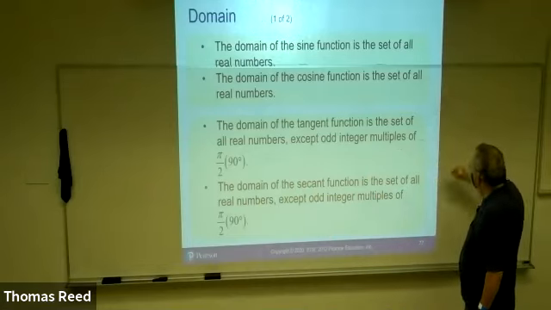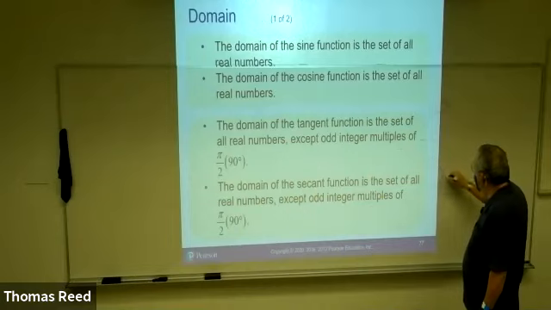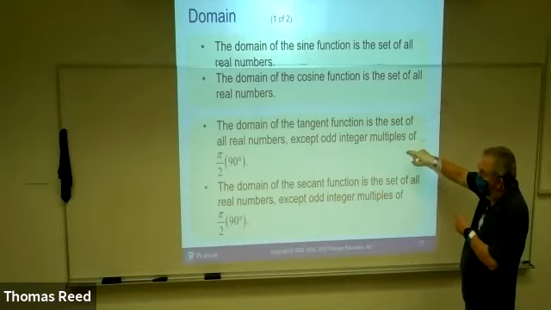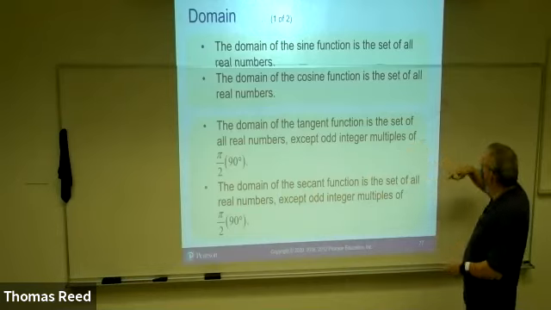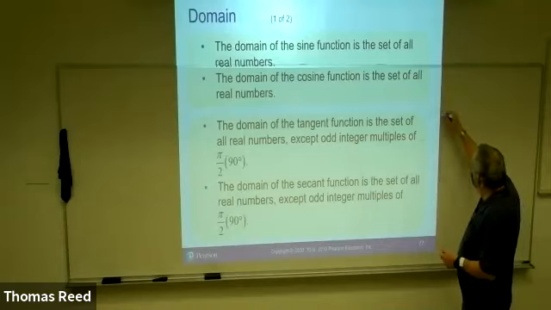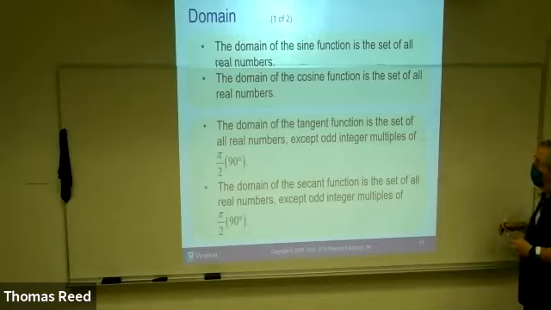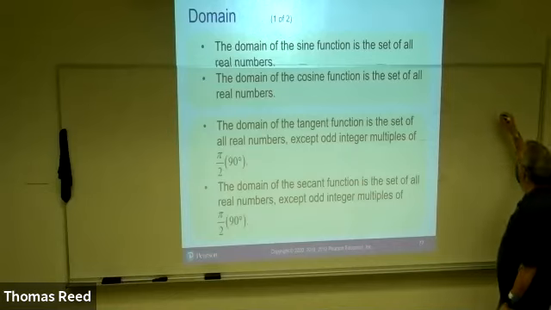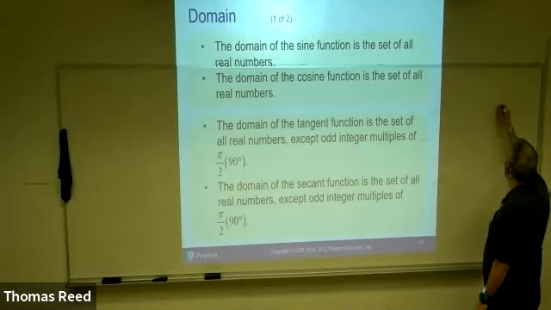This is pi over 2, and this is 3 pi over 2. So what they mean here by odd multiples of pi over 2, you either go to pi over 2 and 3 times it is to here, -1 times it is to here, negative 2 times it brings us over to here. So the odd multiples, you either wind up at 3 pi over 2 or pi over 2, and those coordinates are 0, -1.